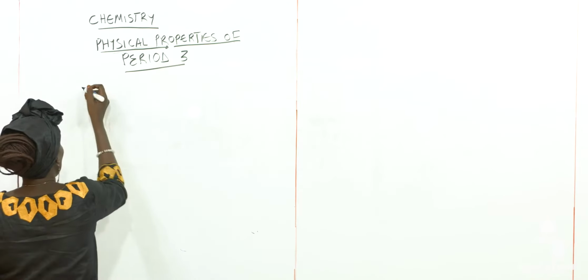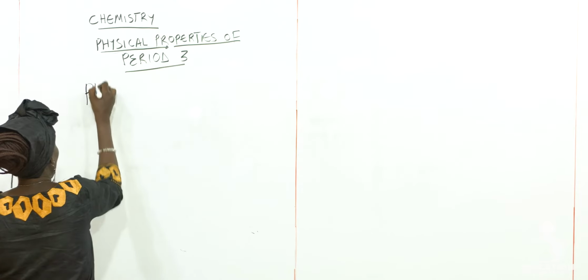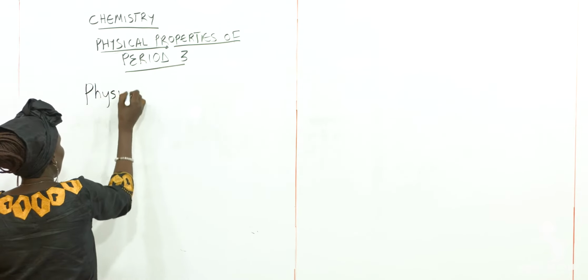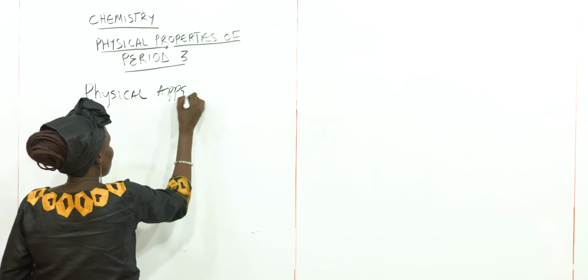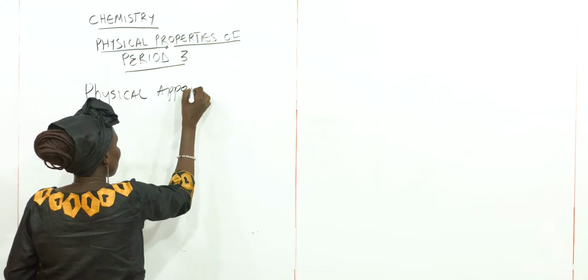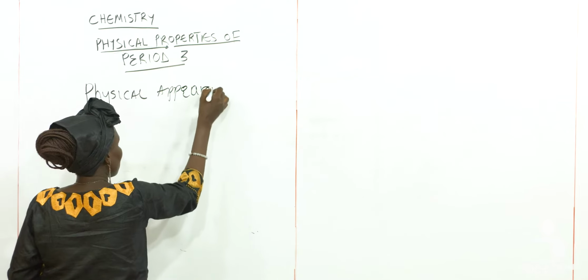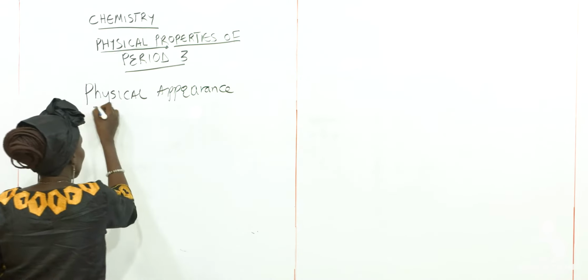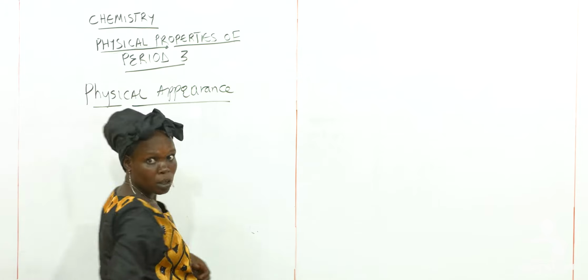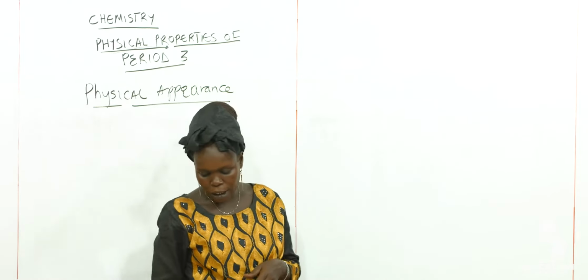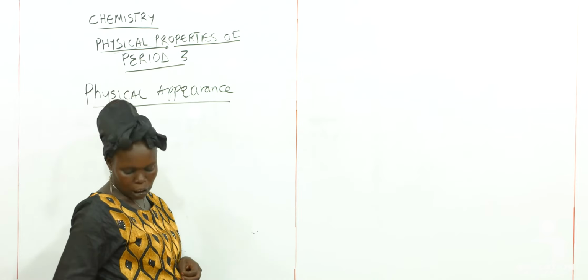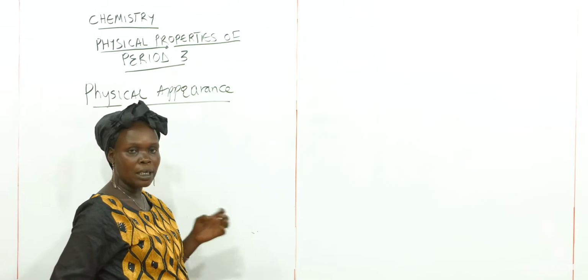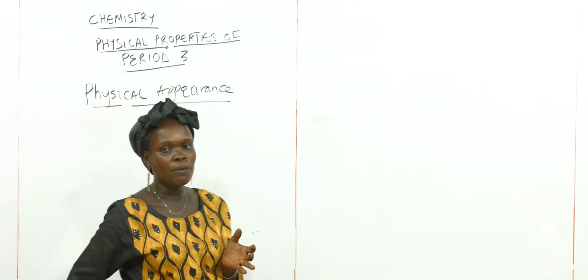Physical appearance. The elements of period 3 vary in their appearance, showing metallic and non-metallic properties.